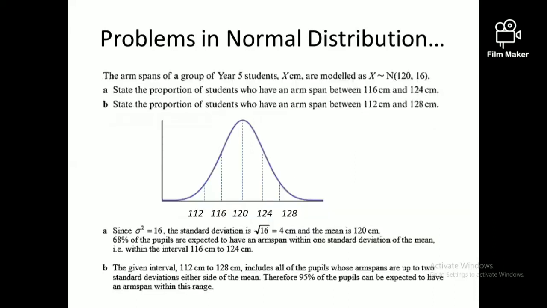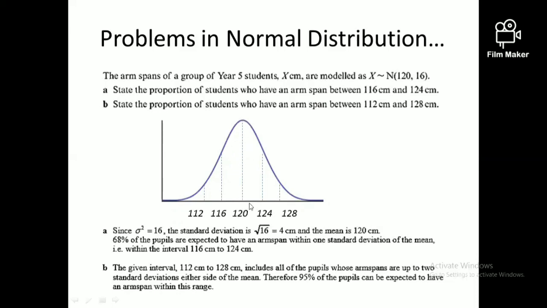Next case. The arm span of a group of 5-year-old students, X centimeters, is modeled as a normal distribution of mean 120 and variance 4. This is the variance, so you have to understand that the standard deviation is 2. Over here, this is the mean, a symmetrical line.